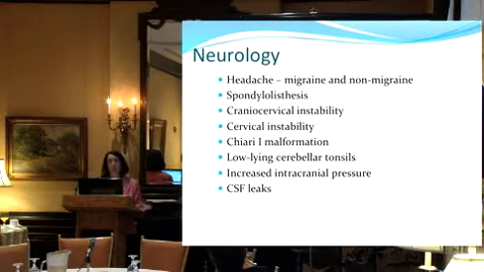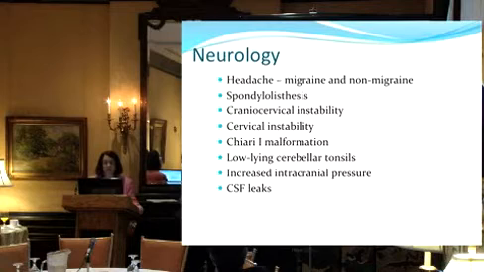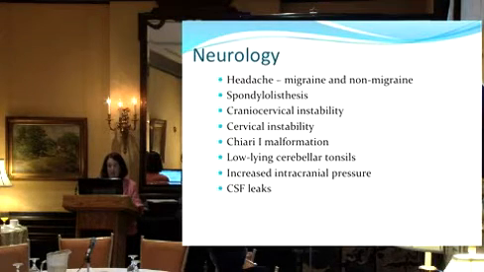Now, we're going to spend most of today talking about the neurology involved in EDS, but it includes the issues around headache, spondylolisthesis, craniocervical instability, and cervical instability, Chiari malformation, frank Chiari malformation, and low-lying cerebellar tonsils with increased intracranial pressure, and also CSF leaks.